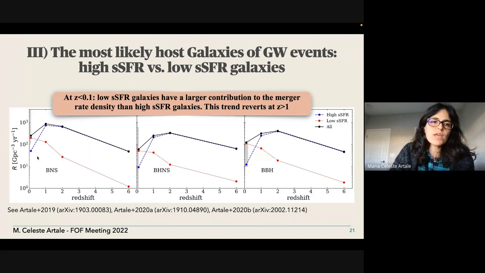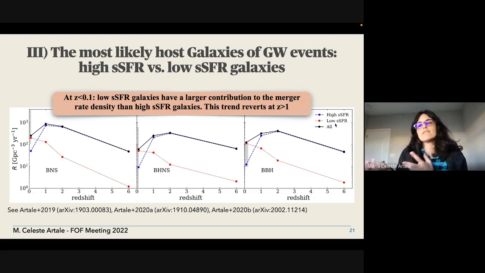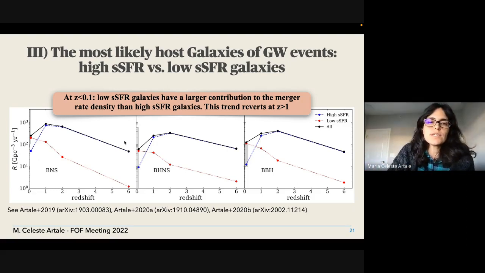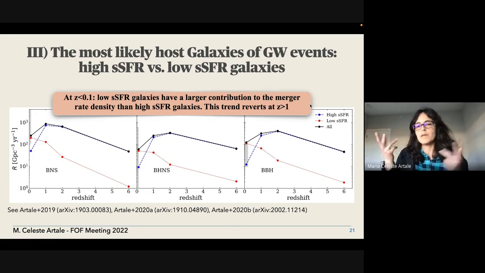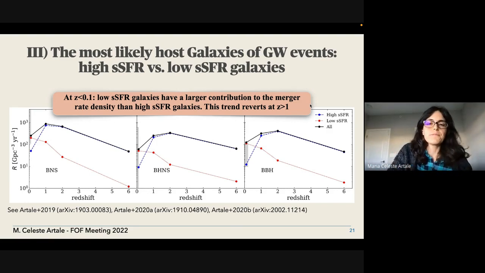The red is for low specific star formation rate, which would represent the early type galaxies. As you can see, at low redshift, the early type galaxies dominate and are the most important to explain the merger rate density. While at high redshift, at about redshift 1, this trend reverses, and the galaxies with high specific star formation rate, which would be more or less late type galaxies, dominate the merger rate density.